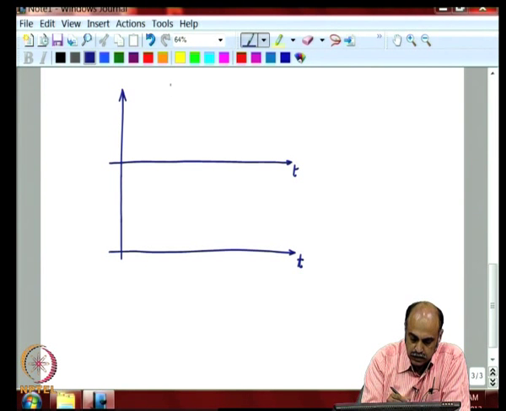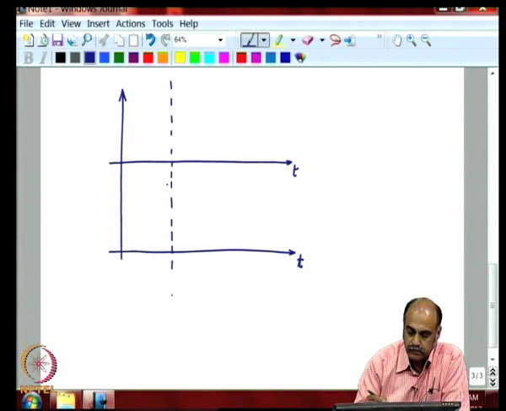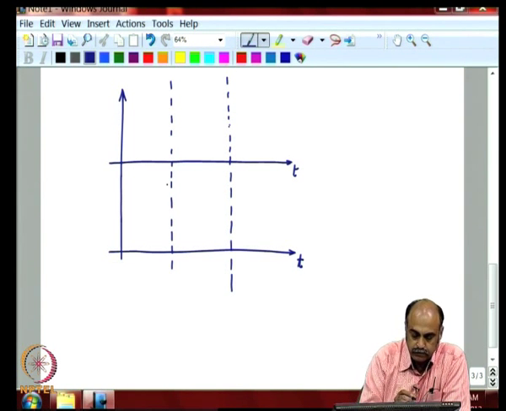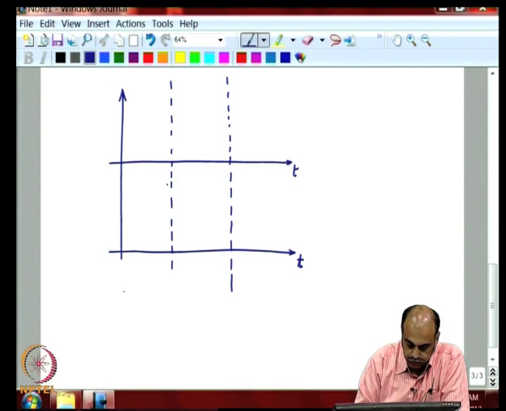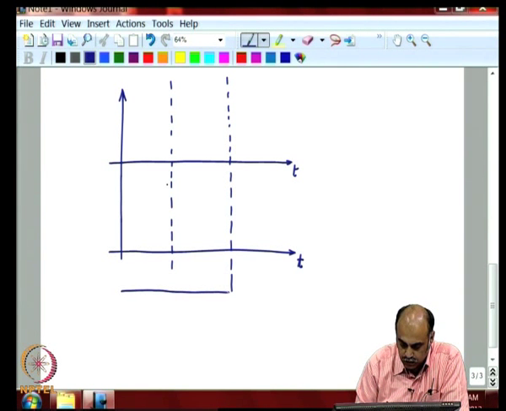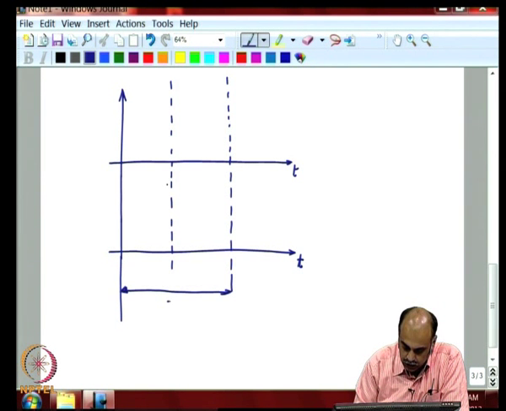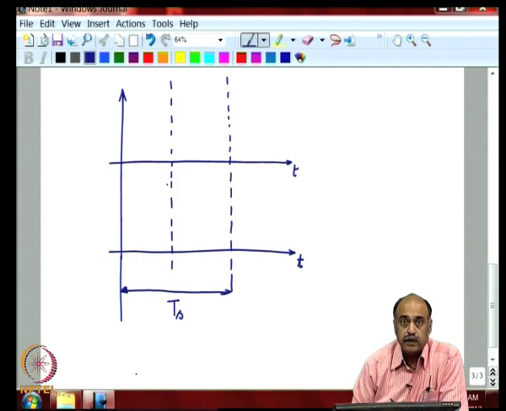Now let us consider one switching cycle, meaning this is the TS period.